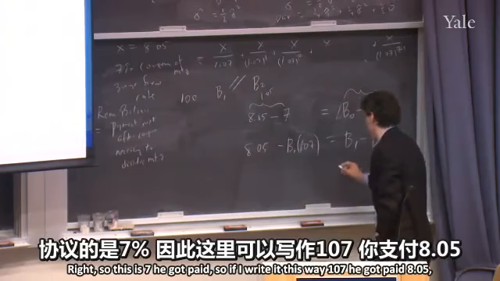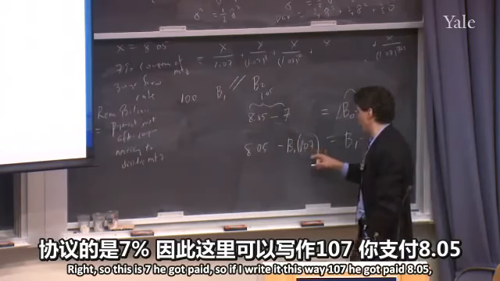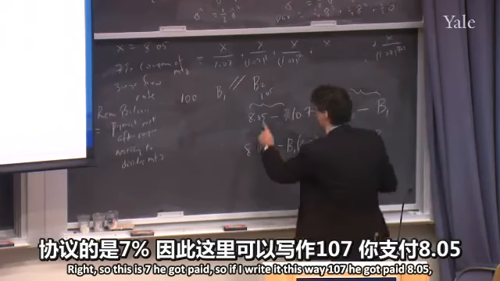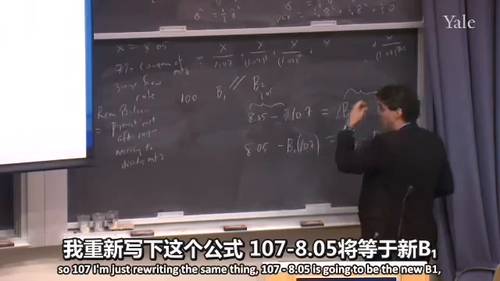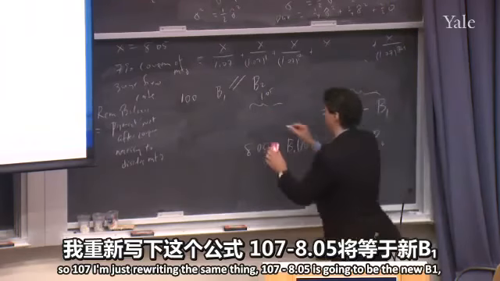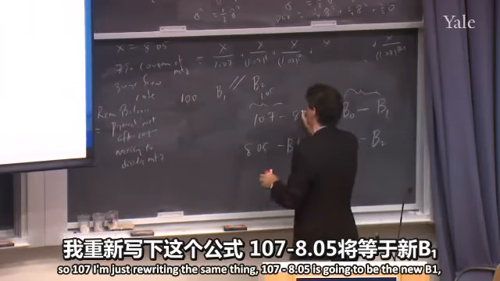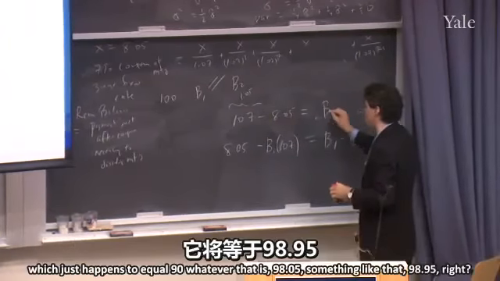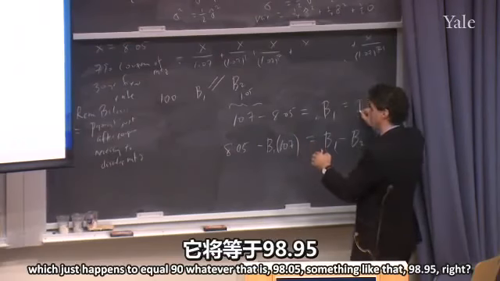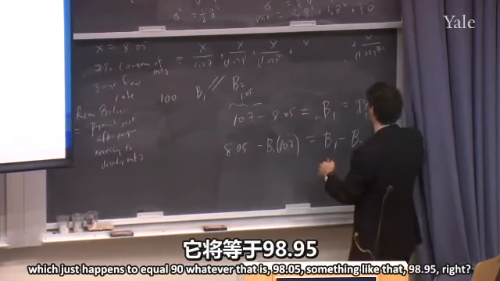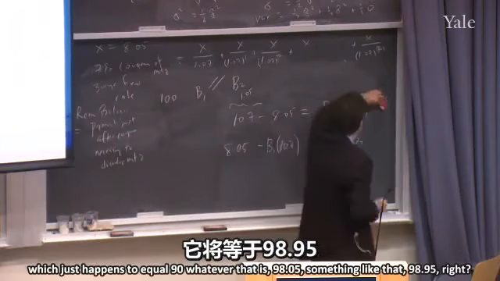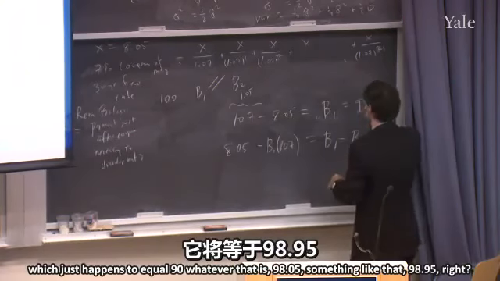So if I write it this way, 107, he got paid 8.05. I'm just rewriting the same thing. 107 minus 8.05 is going to be the new B1, which is 98.95.